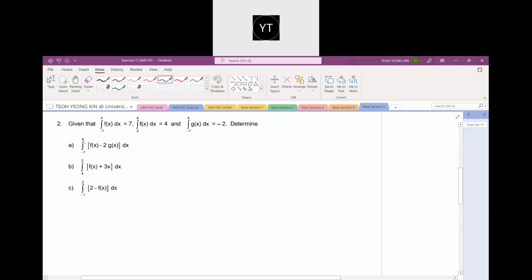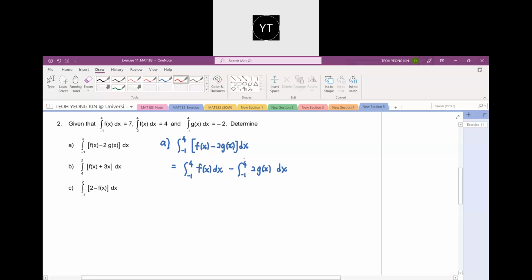First, determine A, the integration from -1 to 4 of f(x) minus 2g(x) with respect to x. For this first question, we can separate it into two parts: integrate from -1 to 4 of f(x), minus integrate from -1 to 4 of 2g(x) with respect to x.